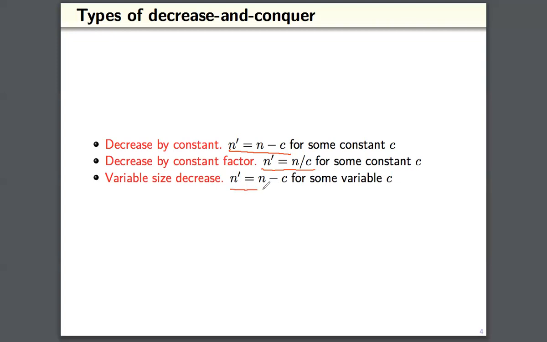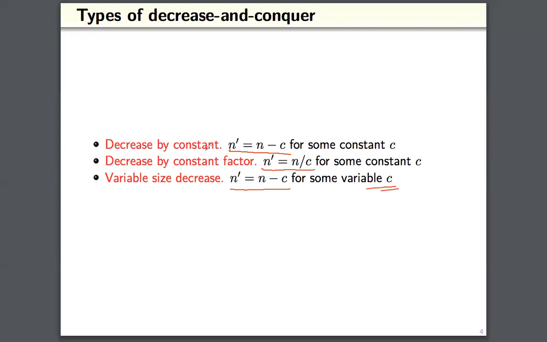If n dash is equal to n minus c, right, for some variable c, that means every iteration this c is changing. For step 1, it can be n by 2. For step 2, it can be 1. For step 3, it can be root n, whatever, right? It can keep changing at every step.